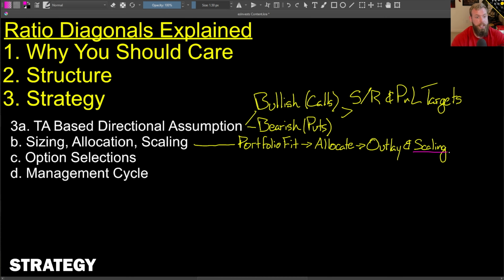For scaling, it can be really simple or complex depending on however you conduct your directional assumptions. For me, I like to use support and resistance breakouts on a trend following approach so that I can scale in when I'm right. Or, as things are dropping, if I'm still strongly convicted, I will add limited scaling to the downside to average into the trade.